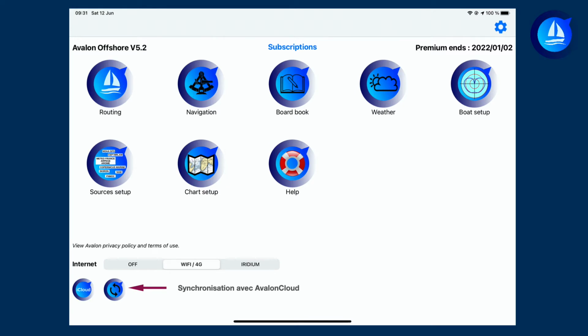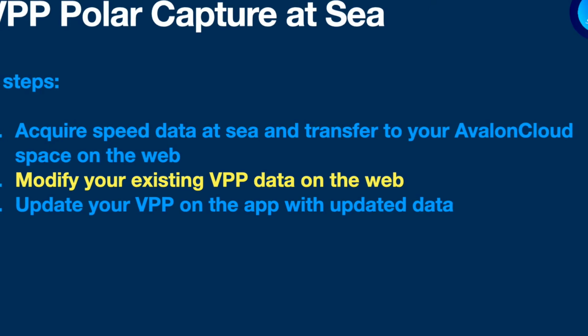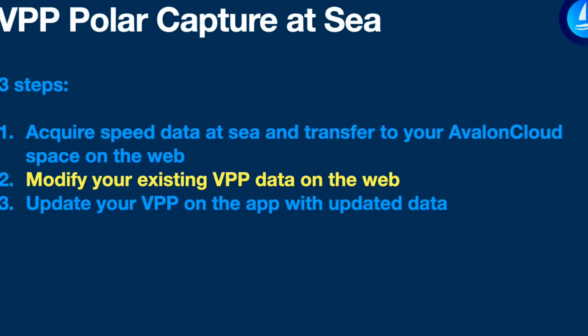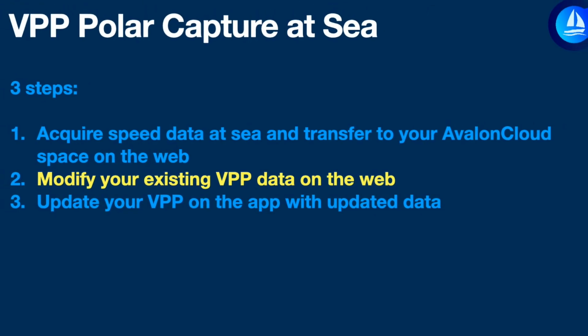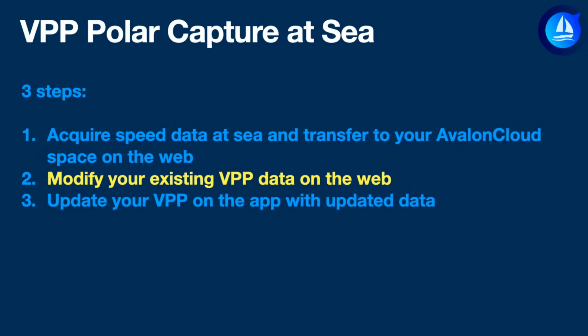When you have finished this session and you are back to home or to your harbor with a good internet connection, then you transfer the data to your personal web space by clicking on the synchronization button. Now, we will match the data you have acquired with the polars that you have on the tablet.